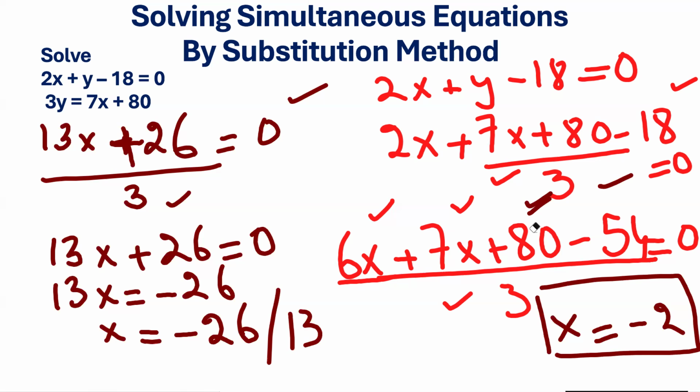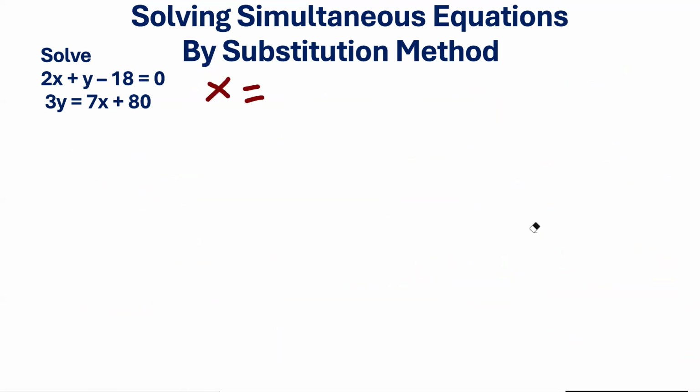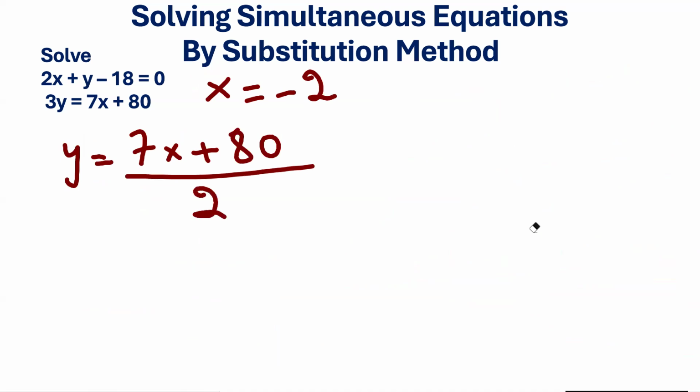You can find y. Y is already here in equation number 2. So x is equal to minus 2 will be substituted in equation number 2. Or you can find from equation 1 also. Anyway, we are finding from equation number 2. We will substitute x is equal to negative 2. This is the value of y, which you took out in your initial steps, and then you substitute it to take out the value of x.